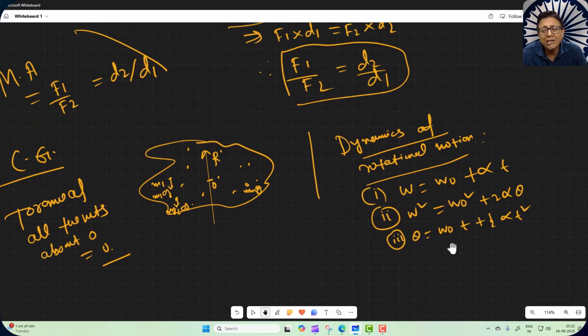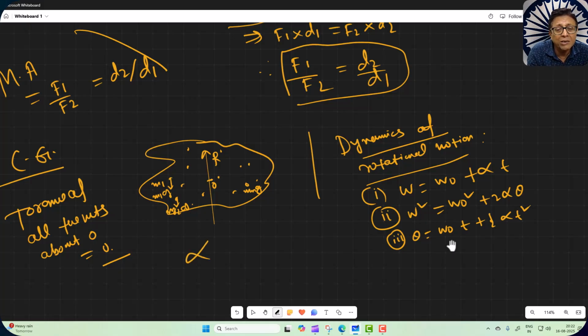What does omega 0 stand for? It is something like the initial velocity in speed and velocity, what you have done before. In angular motion, omega 0 plays the same role as that of u.